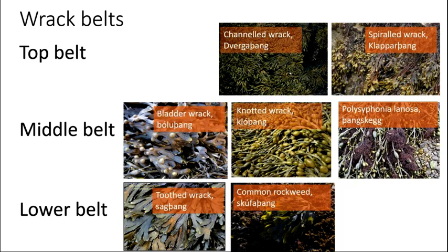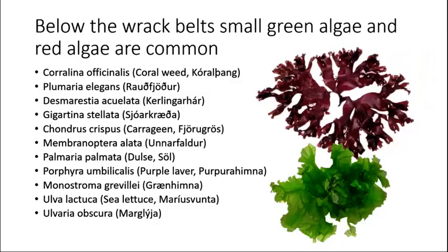So below these wrack belts, in areas where organisms are submerged for a longer part of the time, we have a diversity of both red and green algae. And these are often much thinner, not as thick and leathery as the brown wrack.